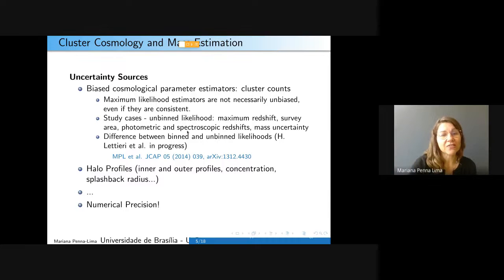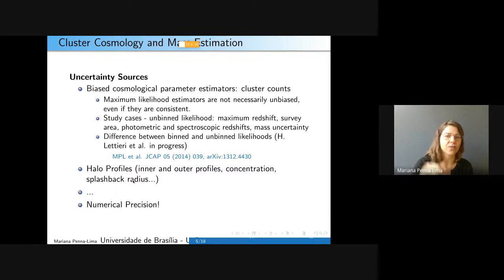Another feature that we have to consider in cluster analysis are the halo profiles, dark matter halo profiles, taking into account inner and outer profiles, concentrations, splashback radius.